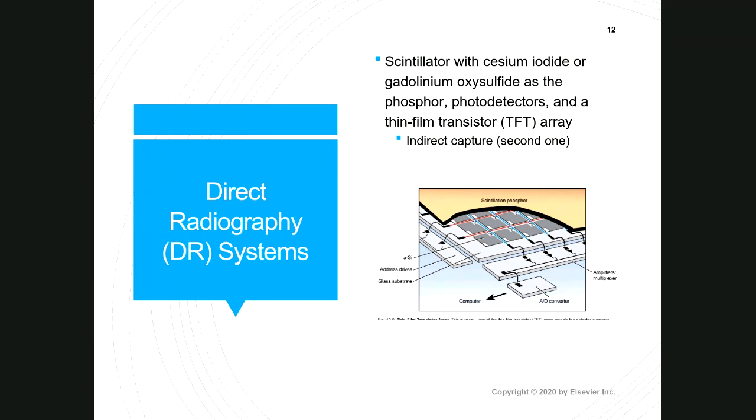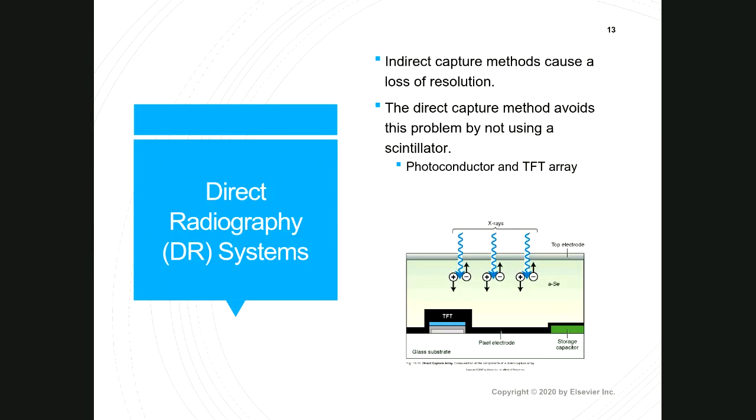And direct capture is actually better in the long run. The indirect capture methods cause a loss of resolution. So there's a loss of resolution with the two that we just mentioned, but the direct capture method avoids that problem by not using a scintillator.